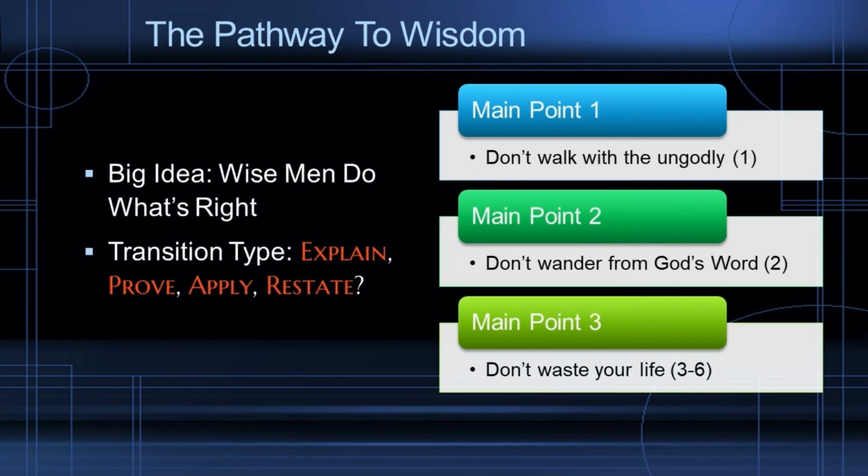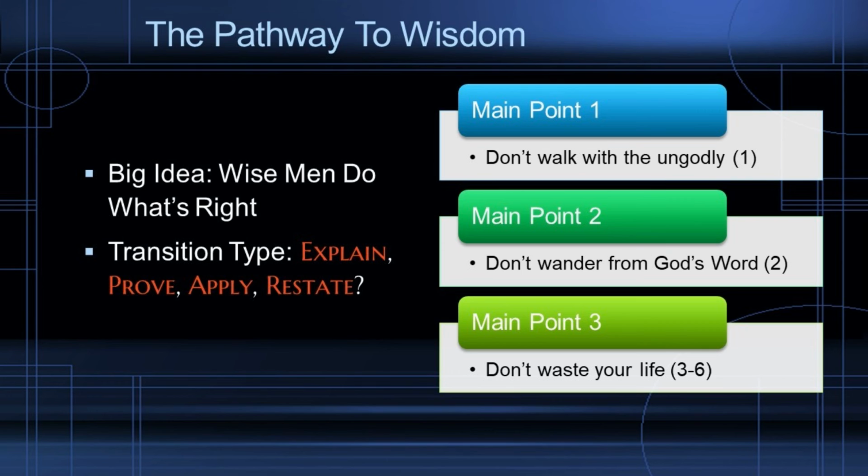So what's the connection between the big idea and what the main points are saying? Well, choose between explain, prove, apply, restate. And these are obviously applications. They're telling you how to go about doing what's right. Don't walk with the ungodly. Don't wander from God's word. Don't waste your life. So in this case, we would be using the transition type of application.